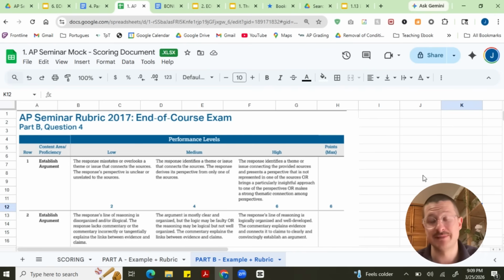But it has to be a unique idea. It can have overlap in that Venn diagram, but it cannot simply reproduce one of the perspectives, right?